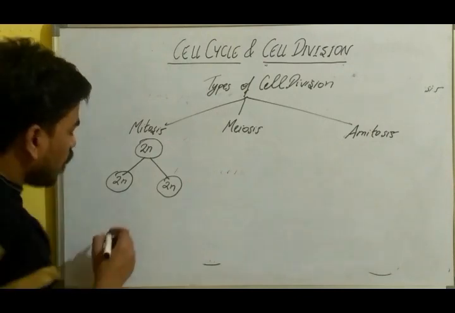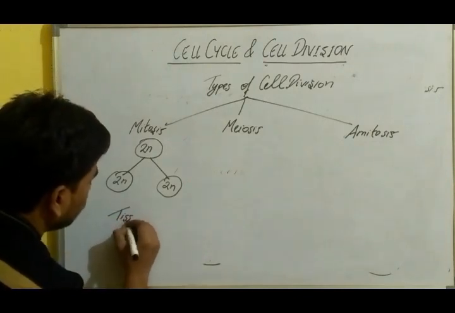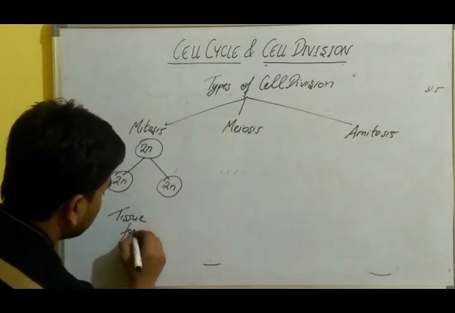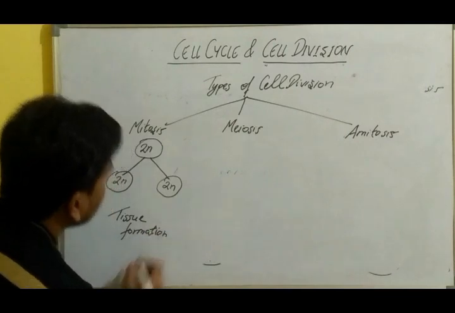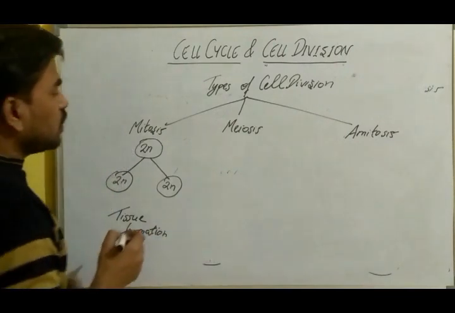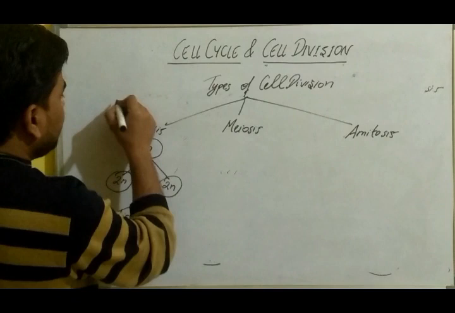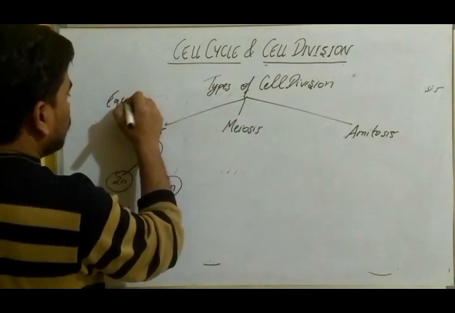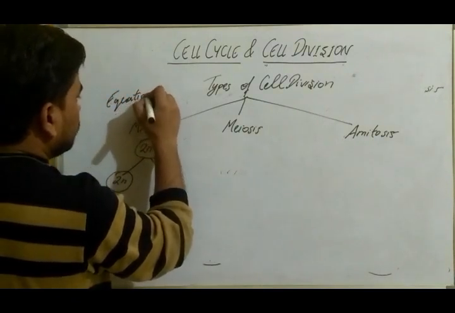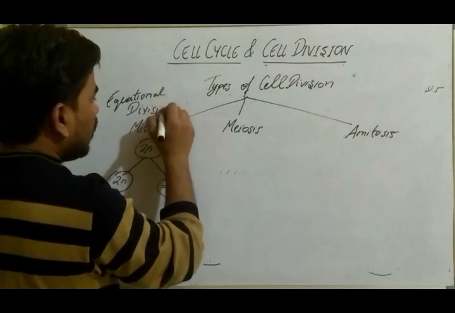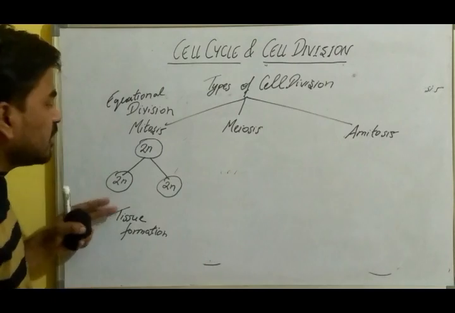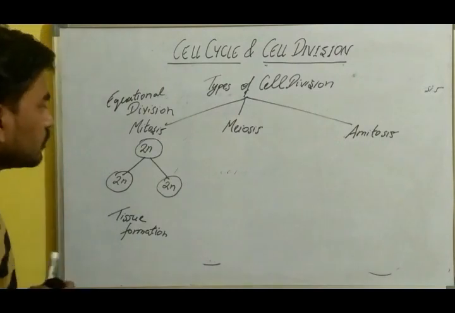This happens in the formation of tissue. This division is also called equational division, because the number of chromosomes remains the same in the daughter cells.